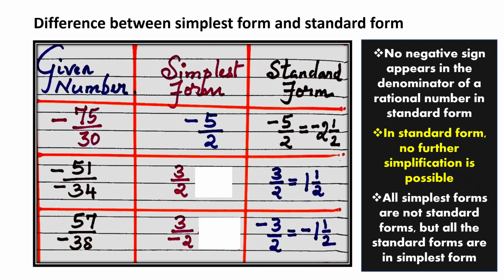So, it is important to note that no negative sign appears in the denominator of a rational number in the standard form. In the standard form, no further simplification is also possible. All simplest forms are not standard forms, but all the standard forms are in the simplest form.